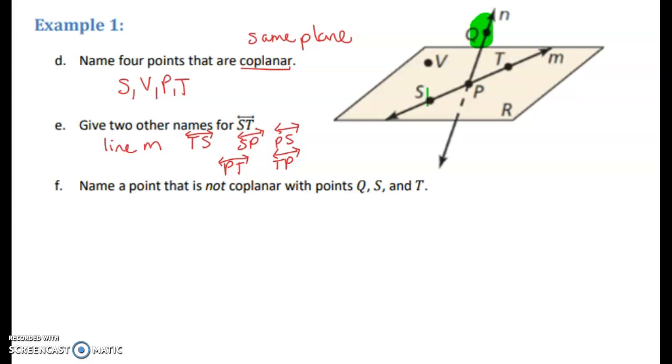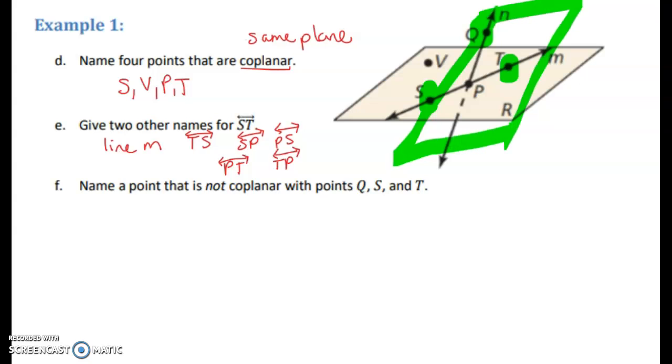So here's Q, S, and T. So if you drew a plane going through this, that would be kind of like a vertical plane. And so it would actually be going down here and slicing through. So it'd be kind of standing up and down. It would include P because if S and T are included, P is included also. And so what it's going to leave out is V.